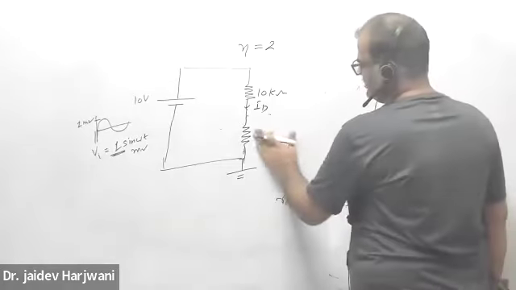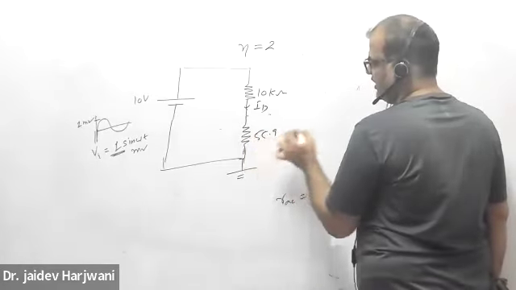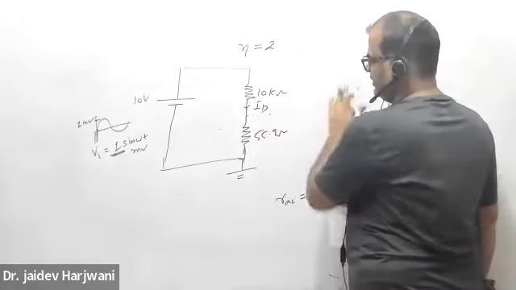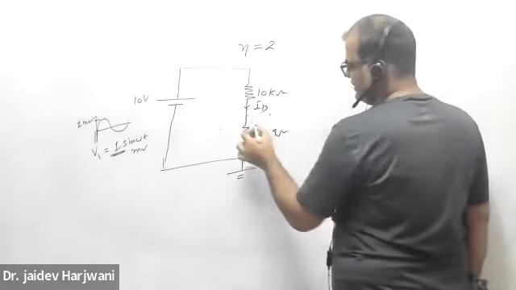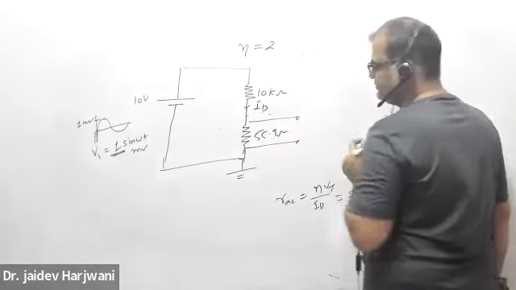Okay, now this is 55.9 ohm. Now you want to find what is the AC amplitude here.